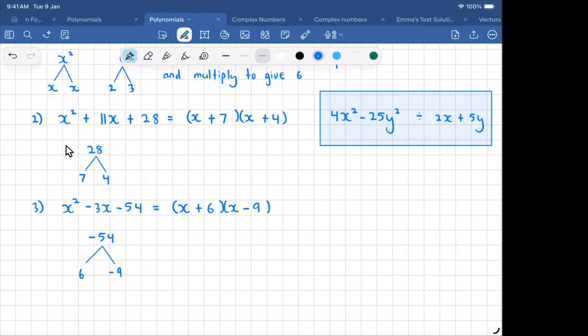Easy? Yes, sir. And then we expand to see, right? Let's test it. x by x is x squared.